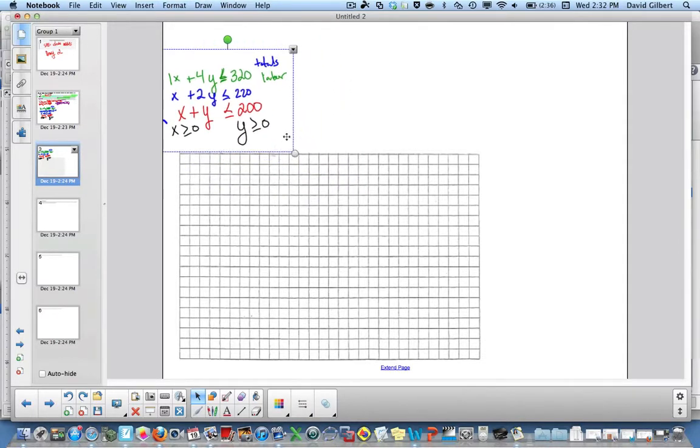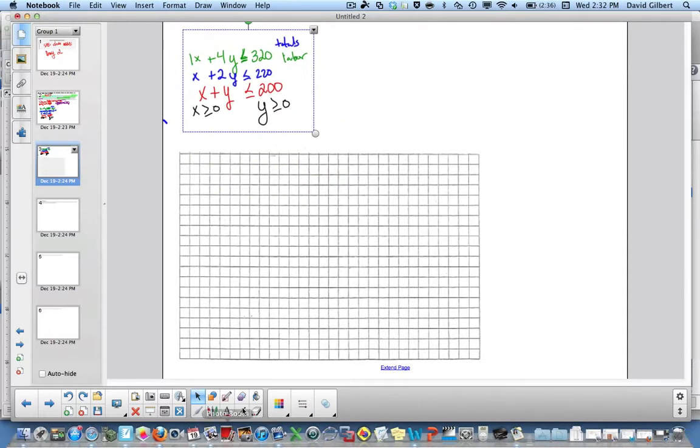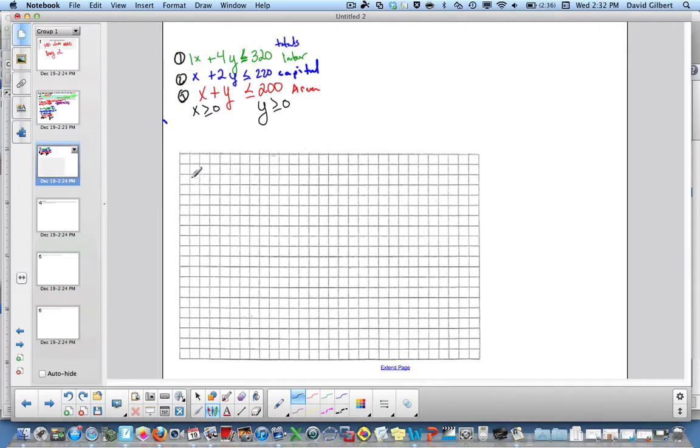This was capital. And this I'm going to call area, total area of land that he has. So now this is going to be our equation 1, 2, 3, and then you just remember that we're only using positive values. So I'll just right away say that we're only using positive x, y values. So we're only going to be in the first quadrant.